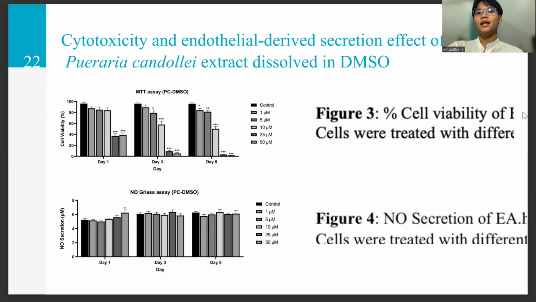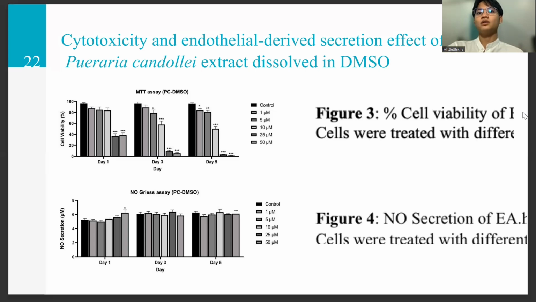Cell viabilities were measured by MTT assay, as shown in Figure 3. The viability of EA.hy926 cells decreased dose- and time-dependently with increased concentrations of PC-DMSO.